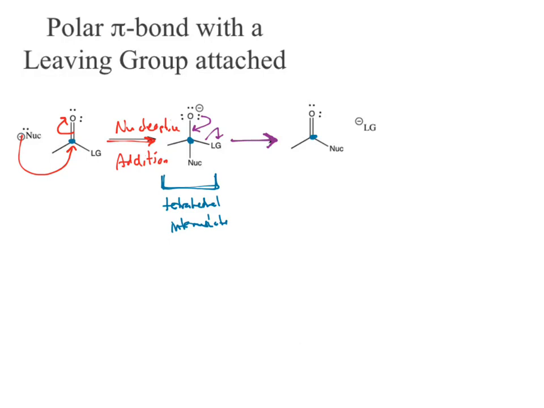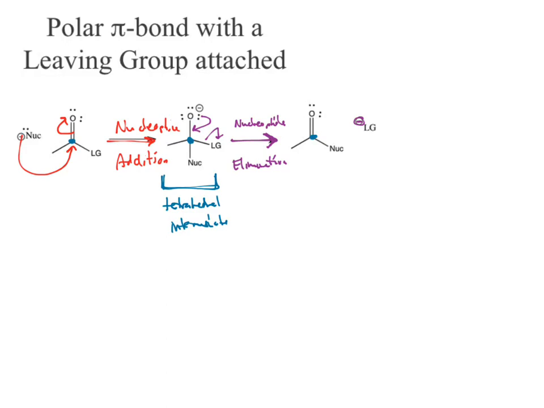That's known as an elimination reaction. What did I eliminate from the structure? Well, yes, a leaving group, but a negatively charged species, also known as nucleophiles. So what we're really referencing within this section is the nucleophilic addition followed by an elimination.